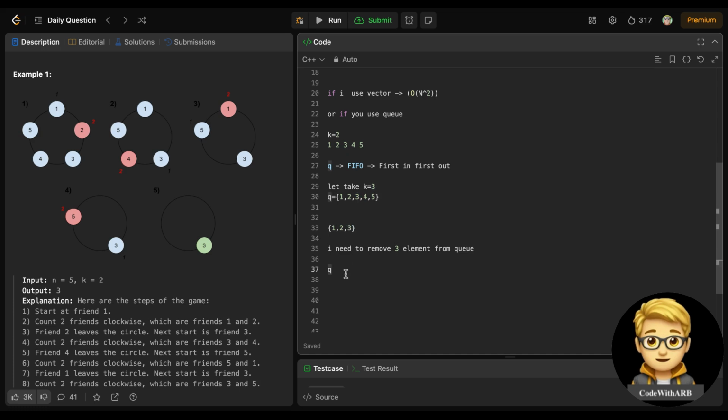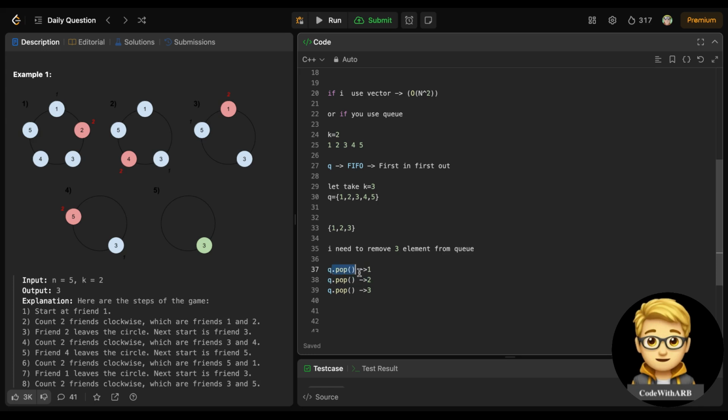So what you will do is pop out. But if you pop, this 1 will be removed. If you pop again, this 2 will be removed. If you pop again, then this 3 will be removed, right? Because this is a first in first out queue. So after the third pop, this 3 will be removed, but this 1 and 2 are also removed.